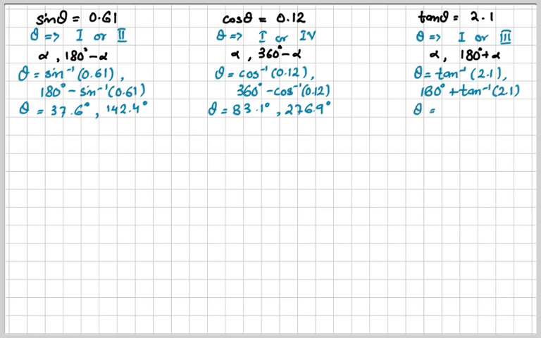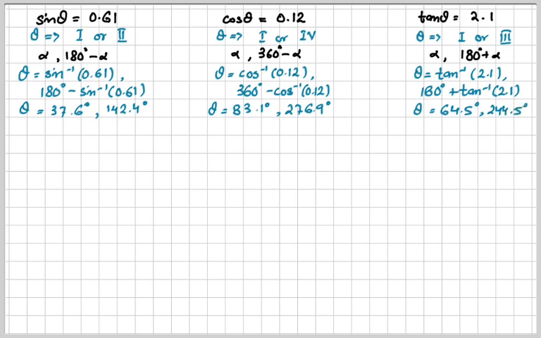So using the calculator, tan inverse 2.1 is basically 64.5. And the next angle should be 180 plus that, so it becomes 244.5.